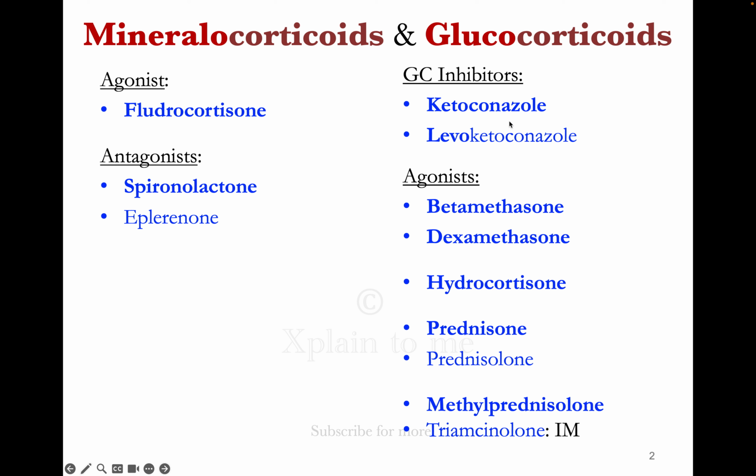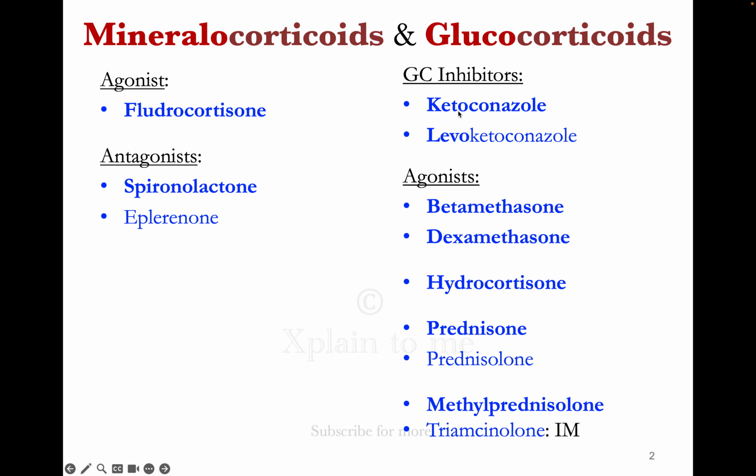Ketoconazole inhibits CYP11 and 17, blocking several steps of steroidogenesis. That means cortisol biosynthesis will be inhibited by ketoconazole. That is the reason this is effective to treat hypercortisolemia or Cushing's syndrome.